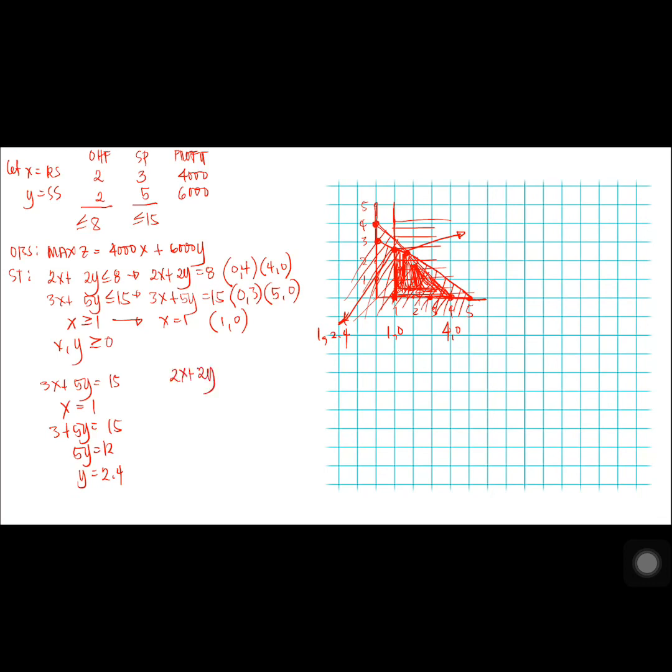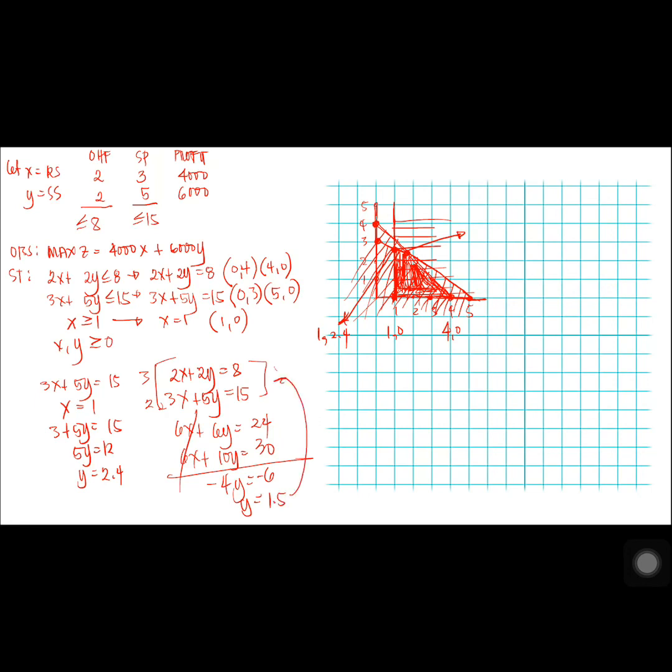What about this intersection? We have 2x plus 2y is equal to 8, then we have 3x plus 5y is equal to 15. Let's eliminate x. We have 3 and 2. We have 6x plus 6y is equal to 24, then 6x plus 10y is equal to 30. So we have negative 4y is equal to negative 6. So y is 6 divided by 4, that's 1.5.